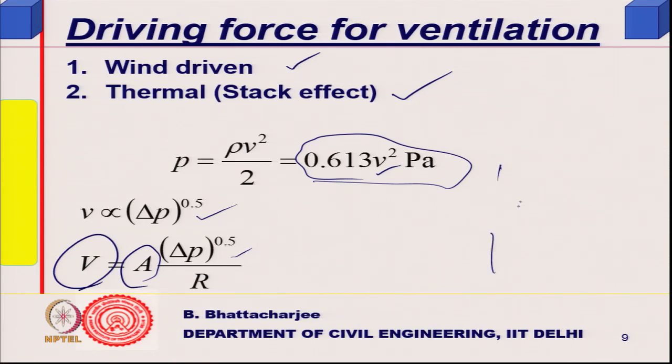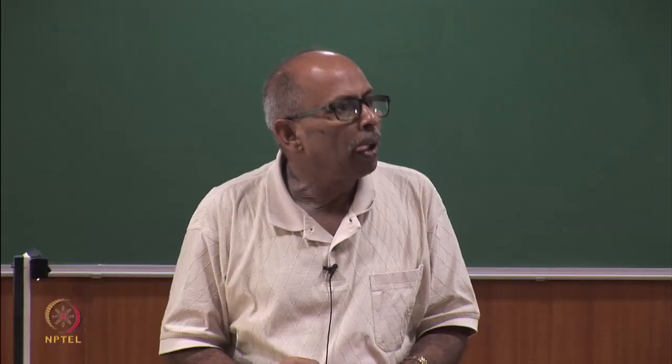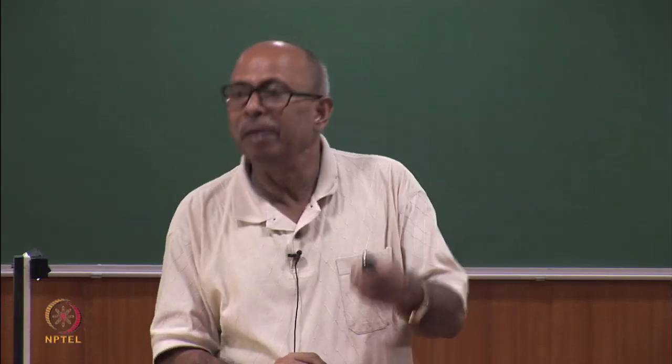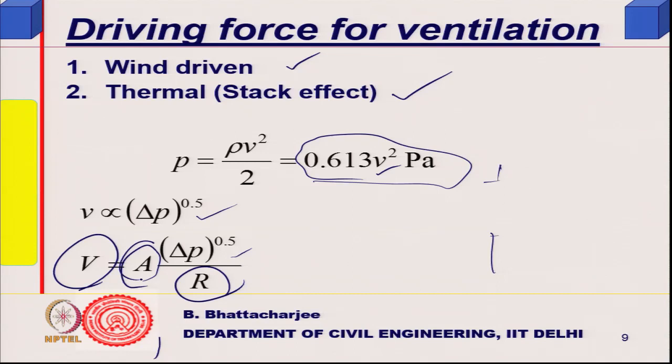But if I have a window or opening, it will offer some sort of resistance to flow. So, that I am calling R. So, if it is wind driven, the flow in meter cube per second, or NV, is a function of the area of the opening, a function of the pressure difference between these two sides, and of course divided by a resistance factor, because even if you assume streamline flow, there will be a Venturi sort of effect, and a resistance will be offered.